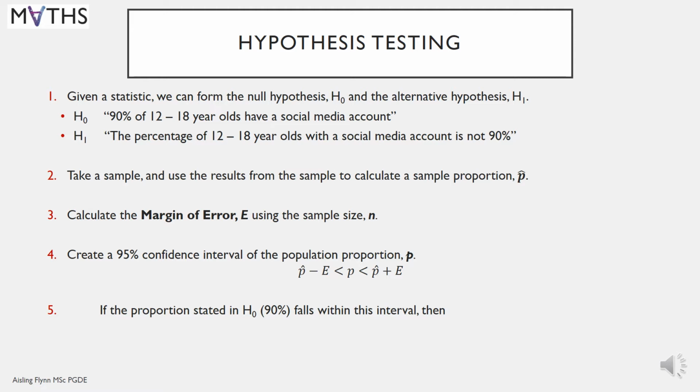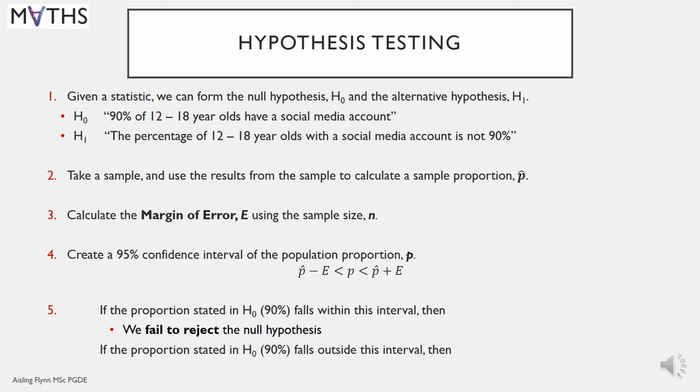And to conclude, if the proportion stated in H0, in this case 90%, falls within the interval, so inside the interval, then we fail to reject the null hypothesis. So we can't throw it out, we can't say it's not true. If the proportion stated in H0, so if 90% falls outside this interval, then we do reject the null hypothesis, and we accept H1, the alternative hypothesis.